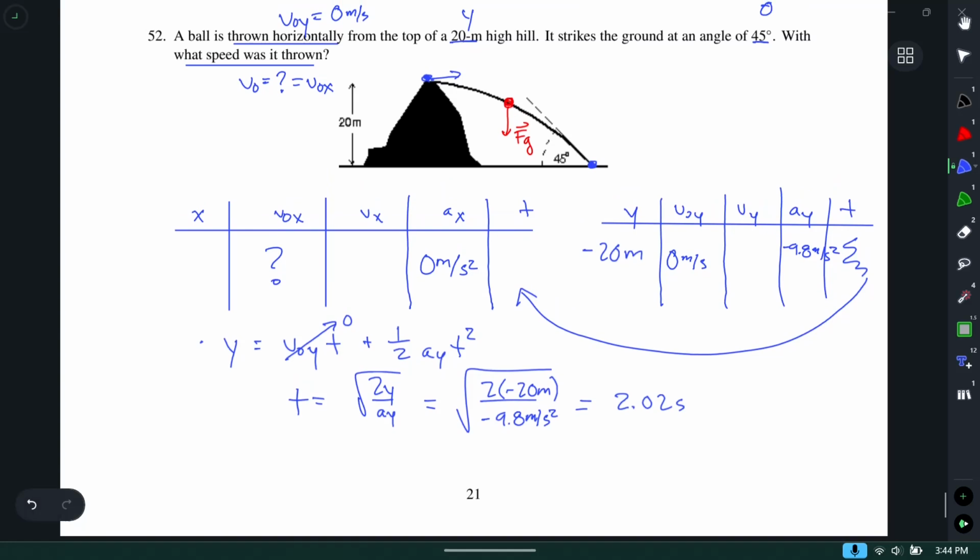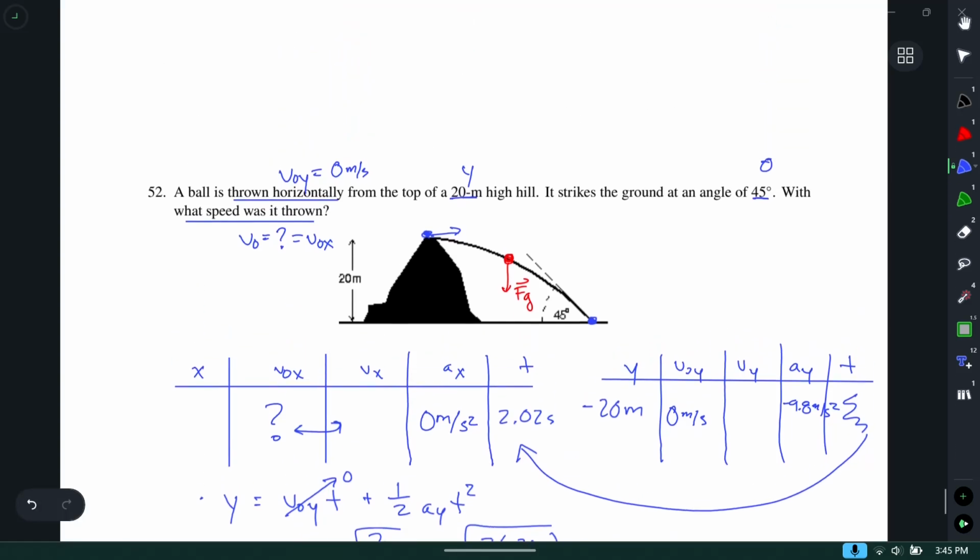All right, let's see if that's actually going to help me for my x stuff. Because now I've got two things I know and one that I don't. I do also know that Vx and V0x are going to be the same number, because horizontal velocity is constant. But it's still like I've got too many unknowns.